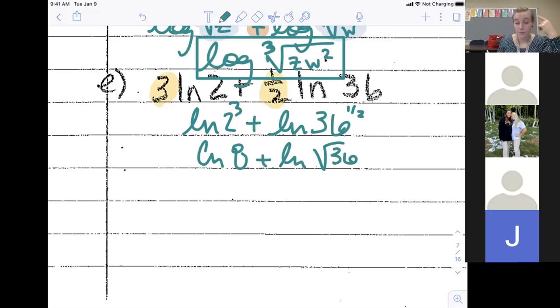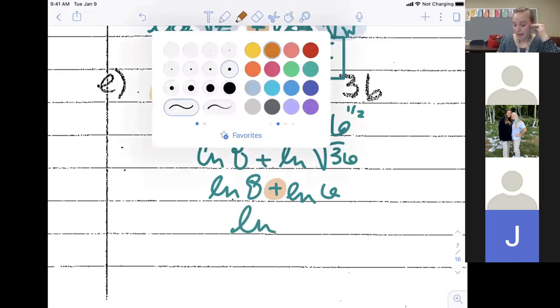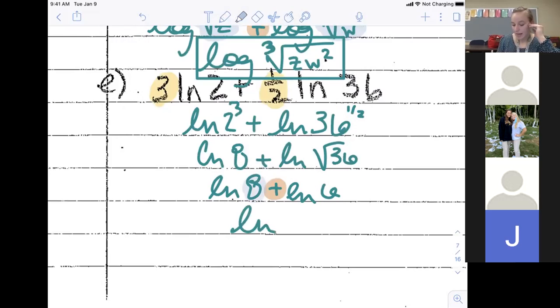Well, we just did a root a minute ago, and I told you they always are positive, and I know that the square root of 36 is 6. So ln of 8 plus ln of 6, plus means multiply. So I'm going to multiply my 8 and my 6 in my head. I know that that's going to be 48. So my answer is ln of 48.